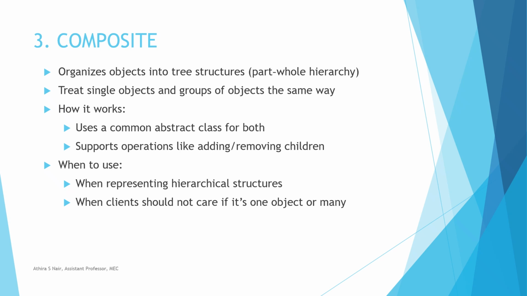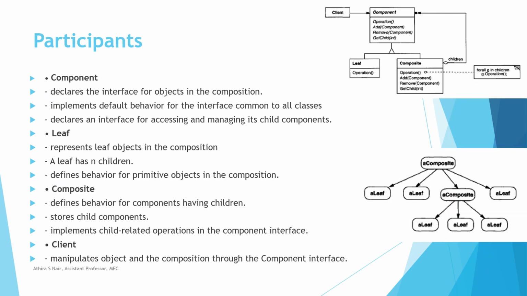You can use the composite pattern when you want to represent part-whole hierarchies of objects and you want clients to be able to ignore the difference between compositions of objects and individual objects. So clients will treat all objects in the composite structure uniformly.